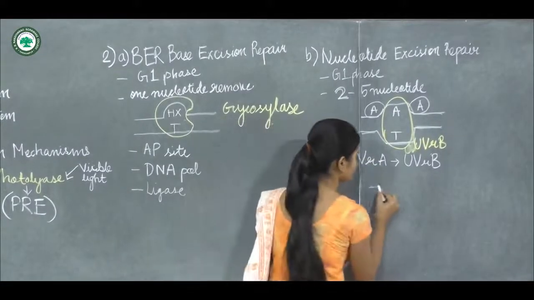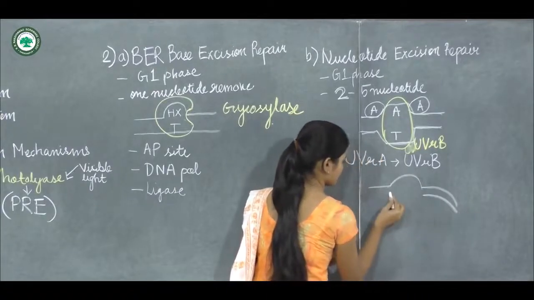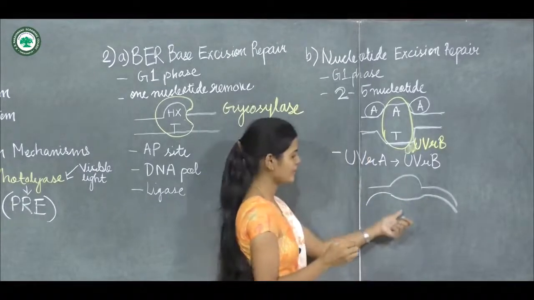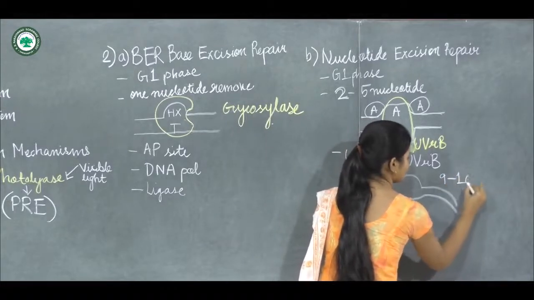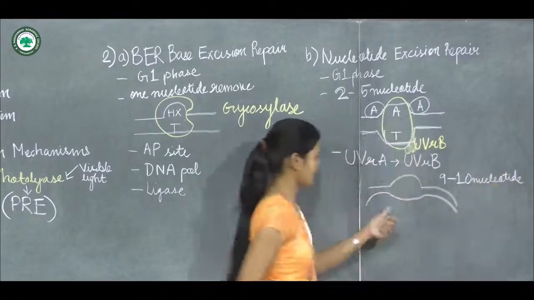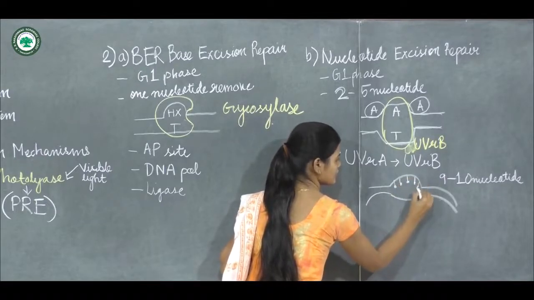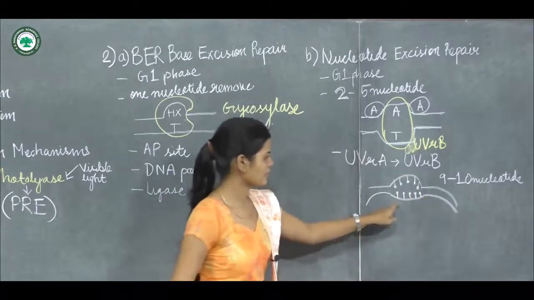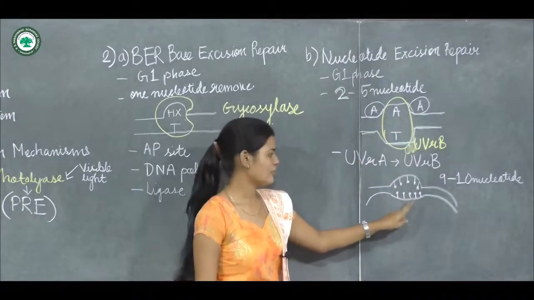This bending is seen in 9 nucleotides. So here, due to binding of UVRA and UVRB, there will be bending caused in the DNA.